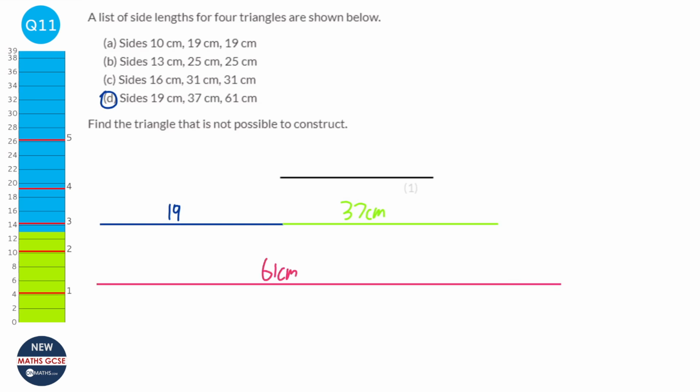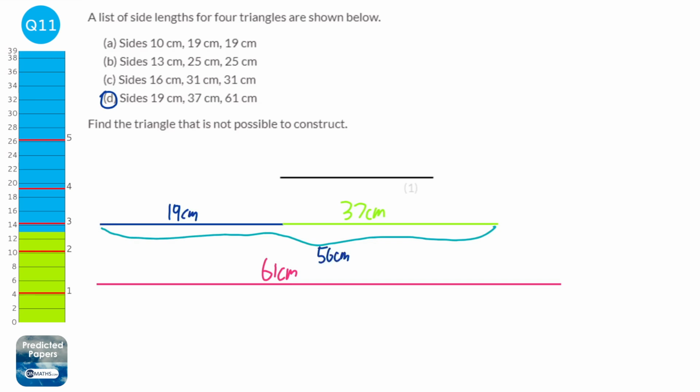Now, looking at the first 2 sticks, the actual combined distance of them, so when we add them together, be 19 centimeters plus 37 centimeters, is 56 centimeters. So that's the combined width of them. And you can see that that actually wouldn't be able to create a triangle if the third stick is 61 centimeters.